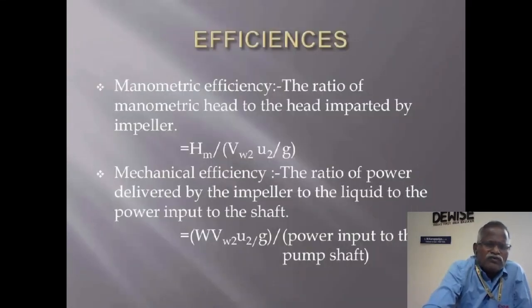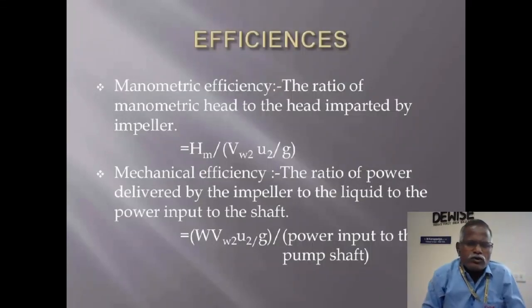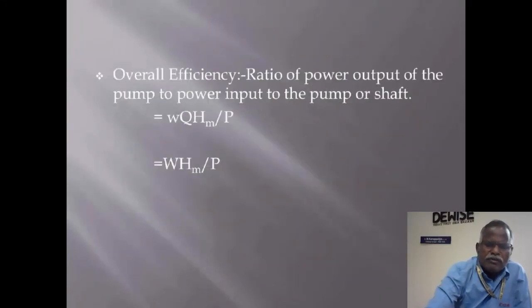Now the efficiencies: manometric efficiency, mechanical efficiency and overall efficiency. Manometric efficiency is the ratio of the manometric head to the head imparted by the impeller: Hm divided by Vw2 U2 / g. Mechanical efficiency is the ratio of the power delivered by the impeller to the liquid to the power input to the shaft: W2 U2 / g, divided by the power input to the pump shaft.